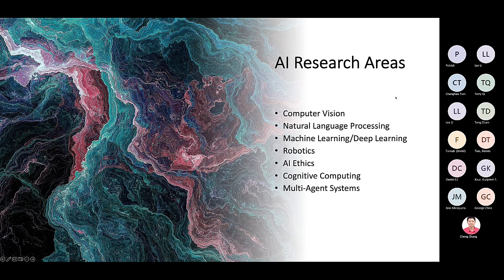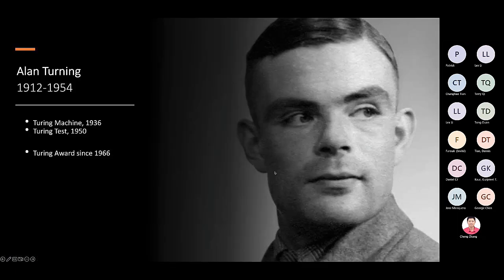Okay, next we will talk about Alan Turing. He was the guy that started a lot of the important fields here in computer science. In 1936, he wrote a paper regarding the Turing machine, which later became the foundation for modern computers, right?